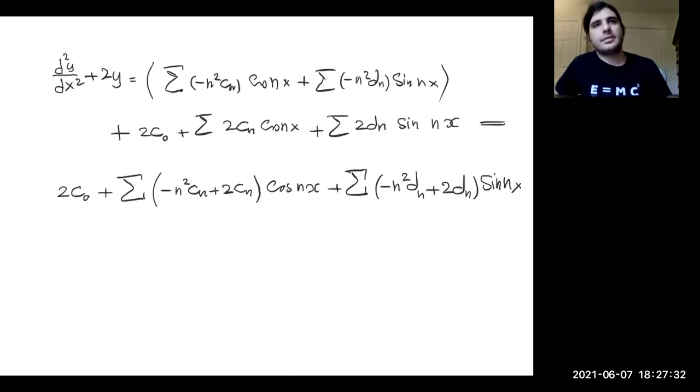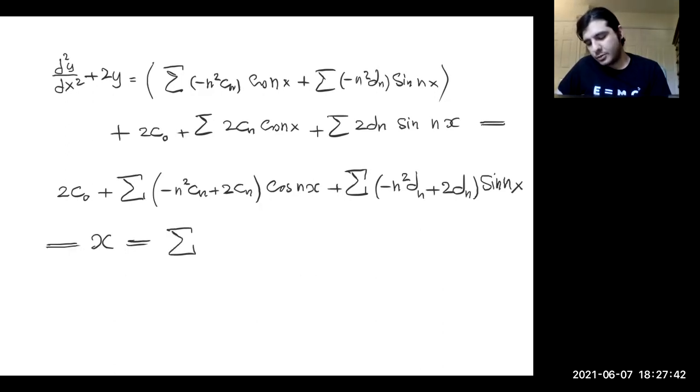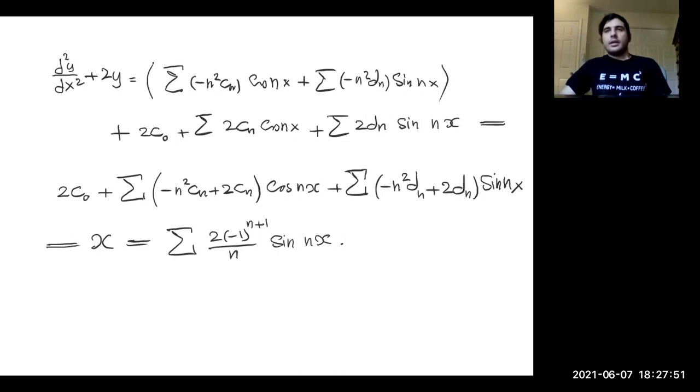This is the left-hand side of our equation. Now it is supposed to be equal to our right-hand side, which was x, but x was equal to sigma of 2 times minus 1 to the n plus 1 over n sine of nx. Now, this is quite interesting.